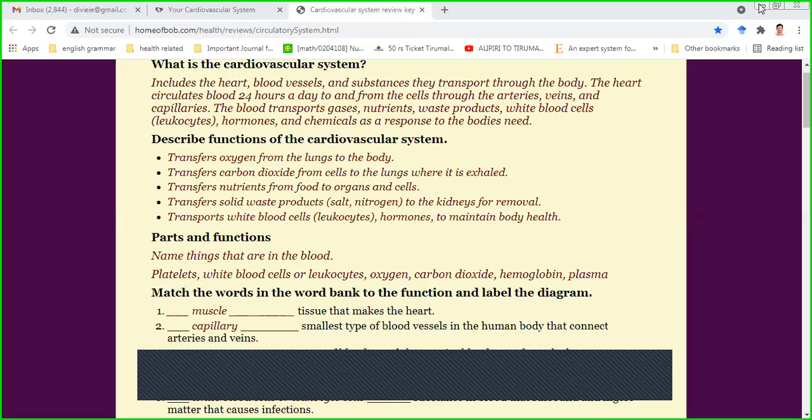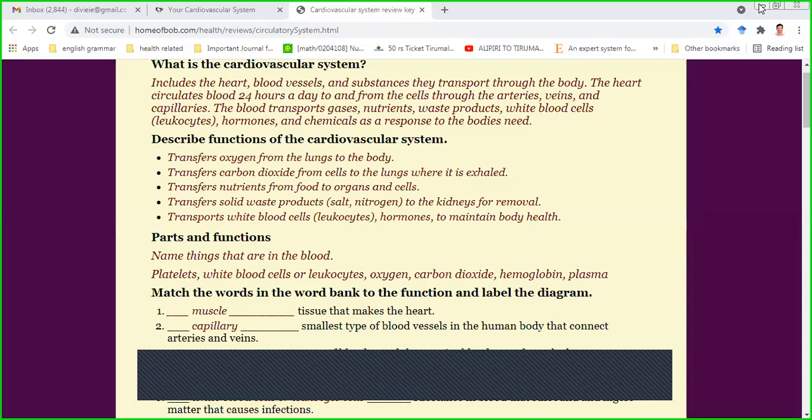On the right side and left side, the topmost chambers are called atrium. The top 2 chambers, left and right, are called atria, and the downside 2 chambers are called ventricles. Left ventricle, right ventricle, right atrium, left atrium.